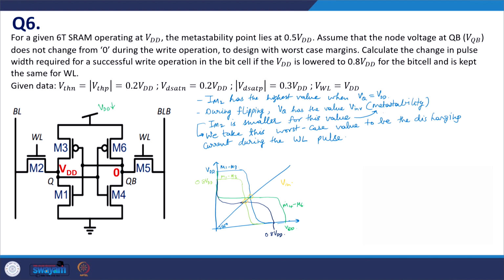So, we can calculate VINV, the inversion threshold, for 80% VDD. That can be done using the formula that we had discussed previously in this lecture for the skewed inverters, problem 3. So, the same formula can be used and you can estimate the value of VINV for 80% VDD again.